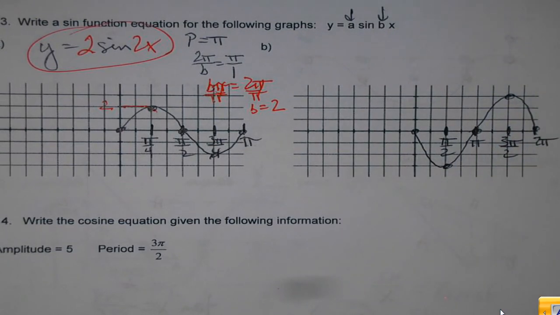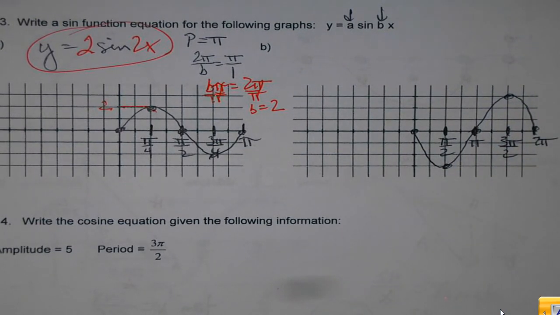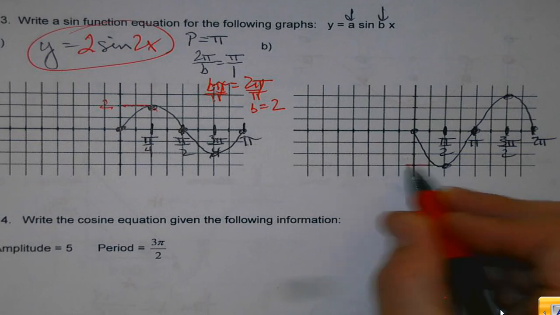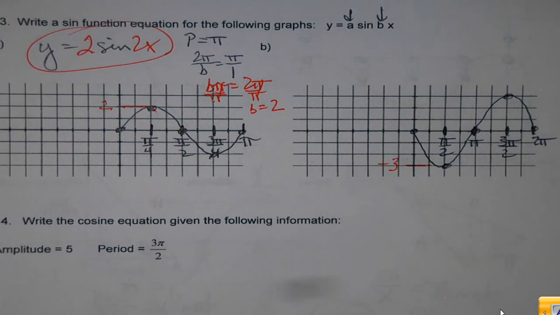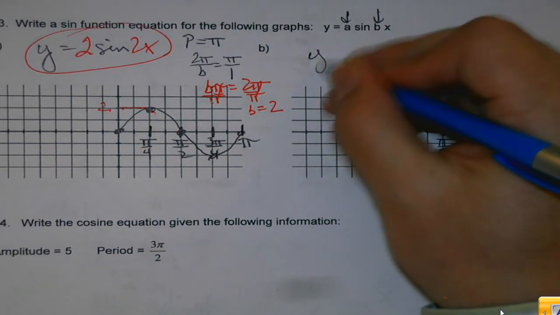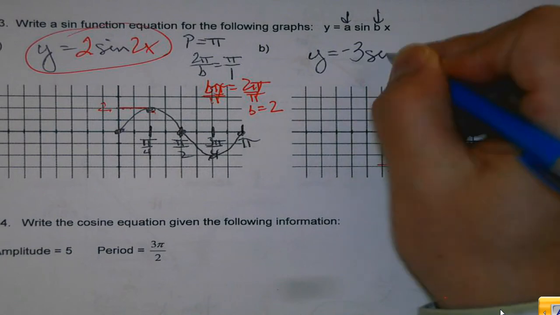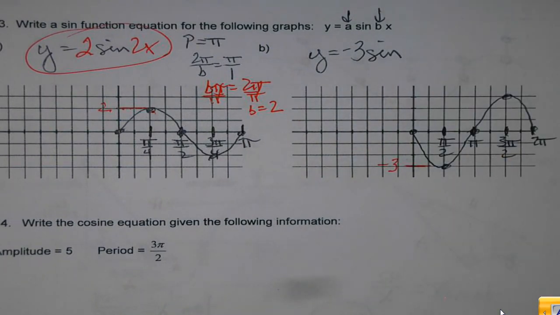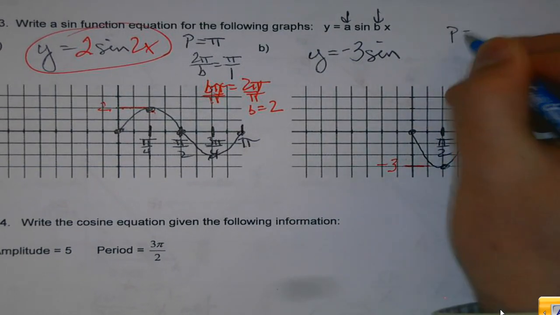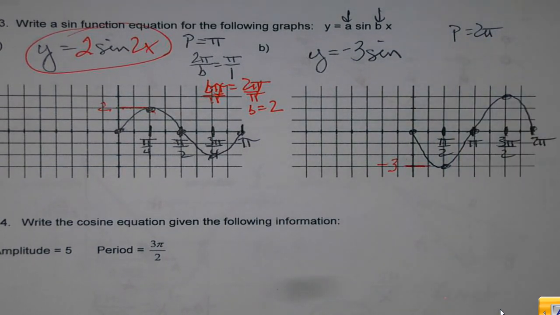Okay, so what do I notice? I notice the first value, not at 0, is down at -3. So I put that in for my A. Again, that's not my amplitude. My amplitude would still be 3, but the A value can be different. It tells me it opens down. My period is 2 pi, which is normal.